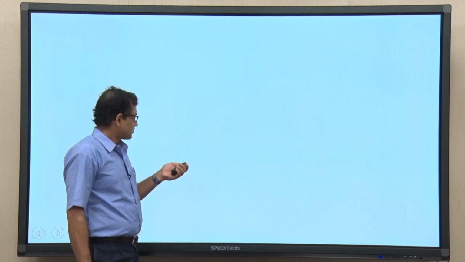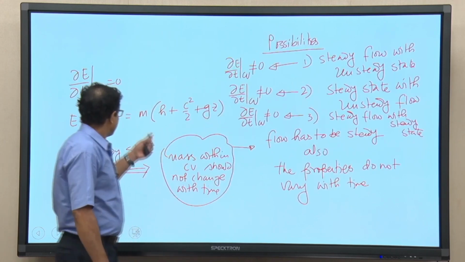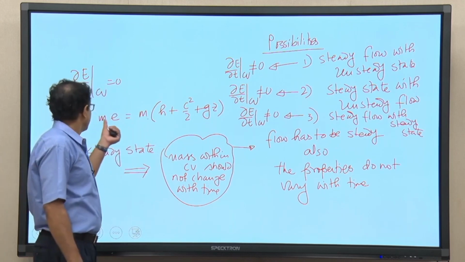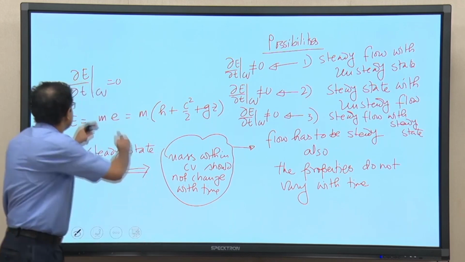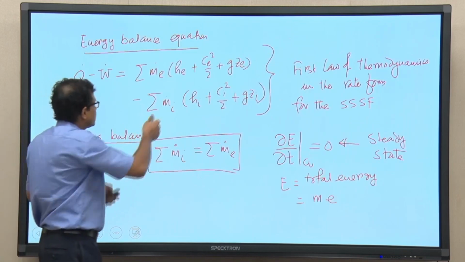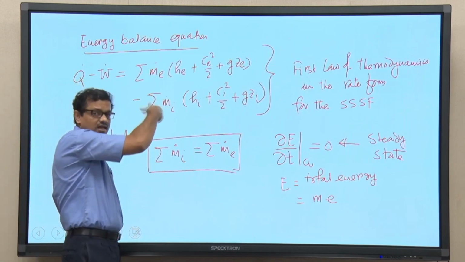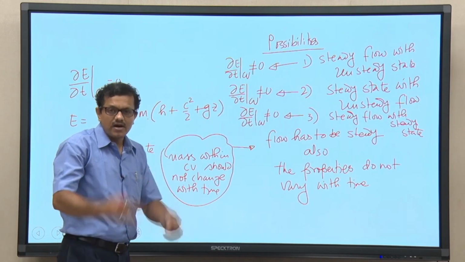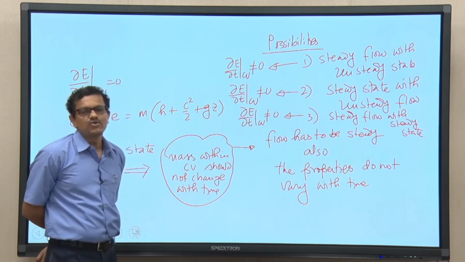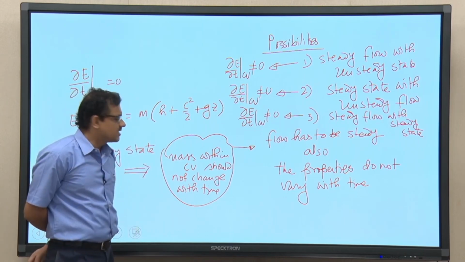Because if mass is changing with time, then we can't write that dE CV/dt will be equal to 0. So, basically this equation we can write only when the product of mass and properties will not change with time. So, this is very important.